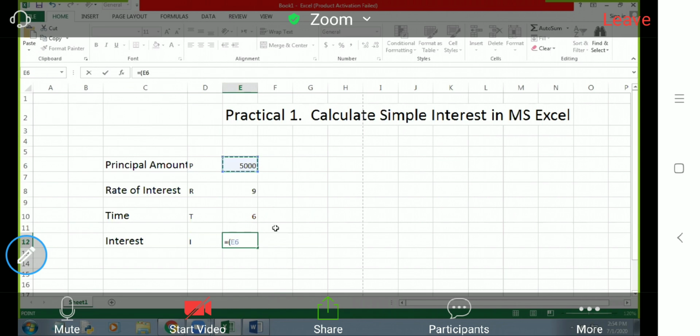Then to multiply we write the star symbol. After that, the cell reference of the next cell, E8.